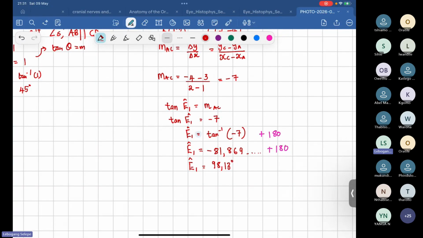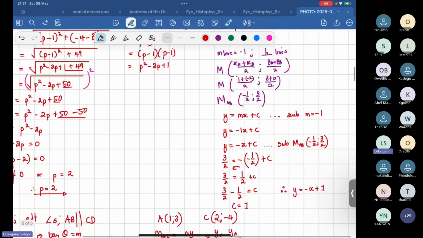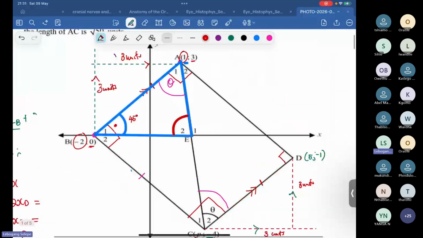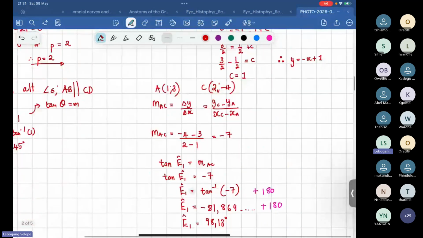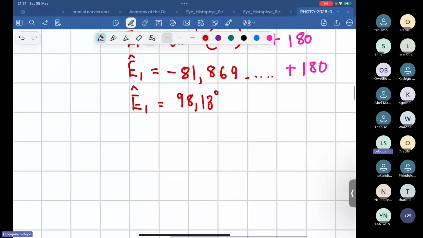But which angle do we actually want? Are we looking for E1 or are we looking for E2? E2. Perfect. E2 is going to be equal to this, right? Remember, we said the one that is not the inclination is the one that is negative. So it means that E2 is going to be equal to 81.87.